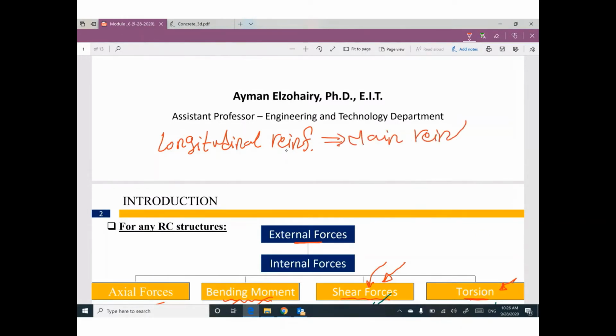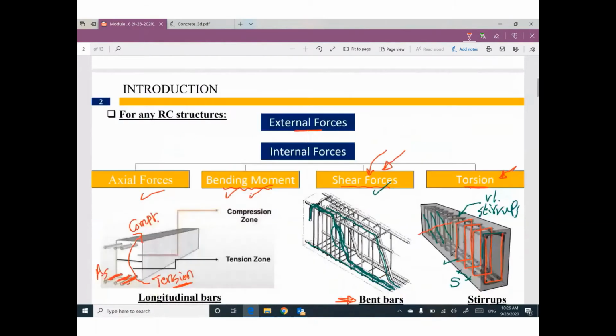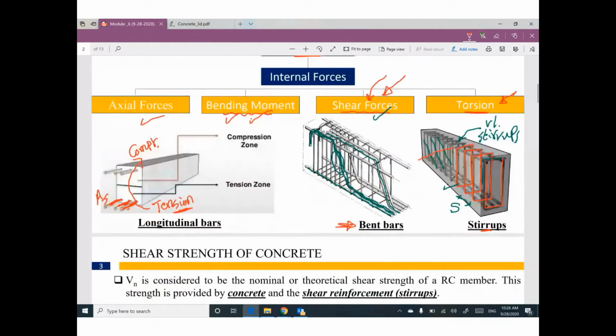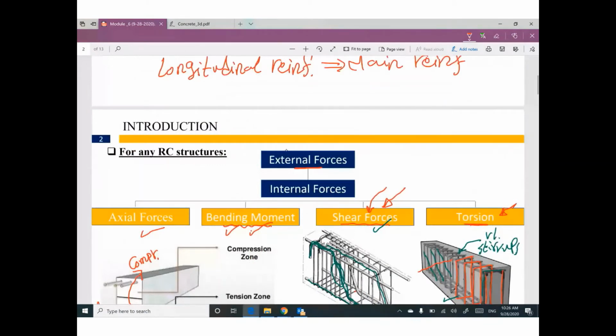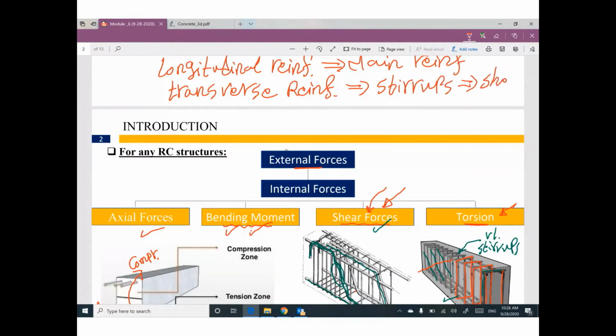But if you are talking about stirrups or bent bars, you are talking about transverse reinforcement, or stirrups, or shear reinforcement.